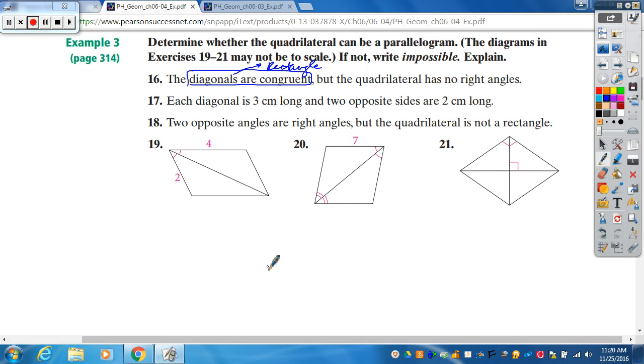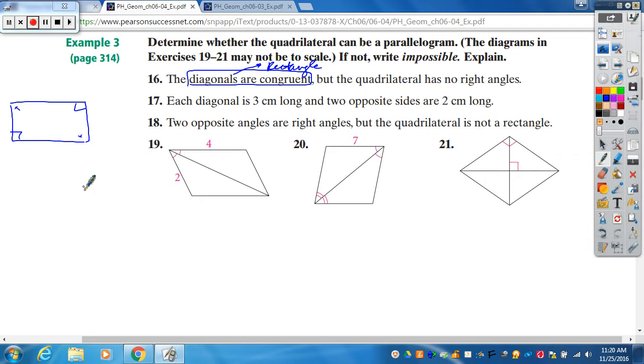Number 18, the 2 opposite angles are right angles, but the quadrilateral is not a rectangle. Okay? So if you picture this, the opposite angles are right angles, but the quadrilateral is not a rectangle, which means that this angle here and this angle here cannot be a right angle.